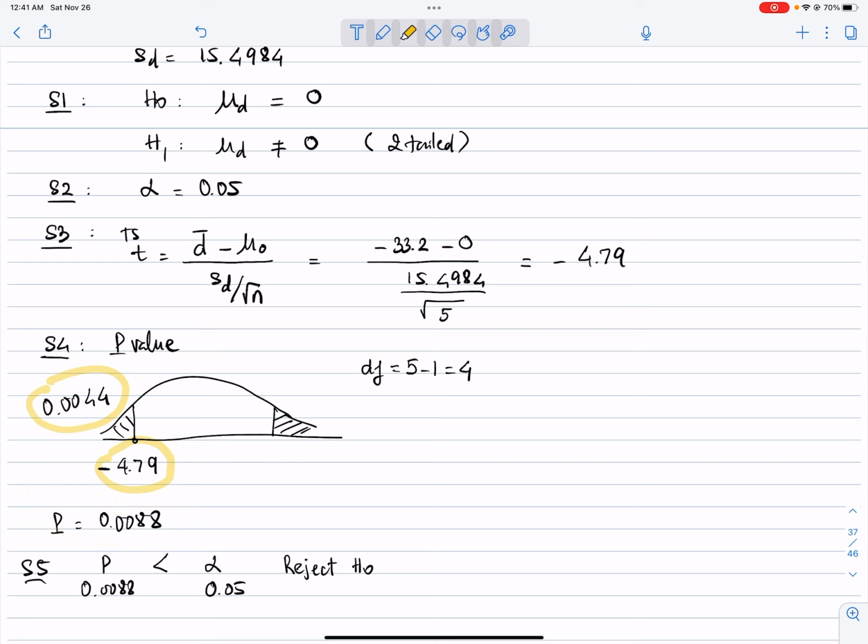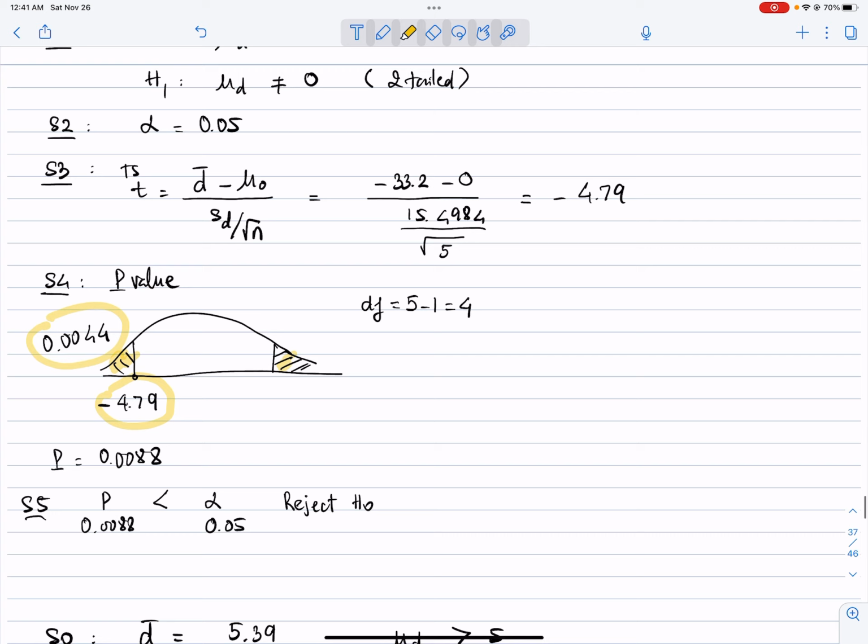So this means the shaded area is 0.0088. Since p is less than alpha, we reject the null.